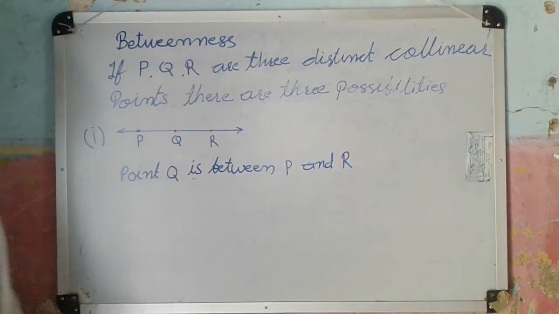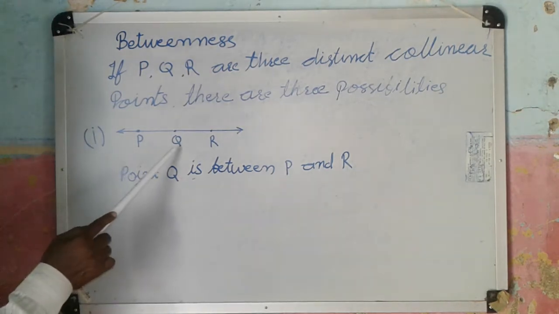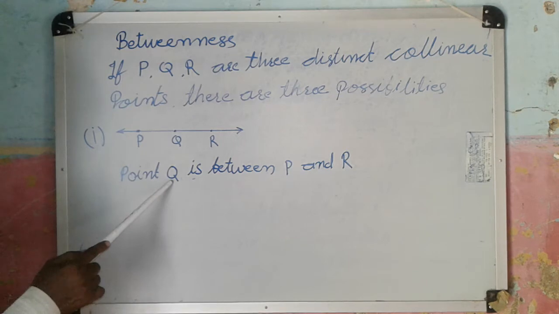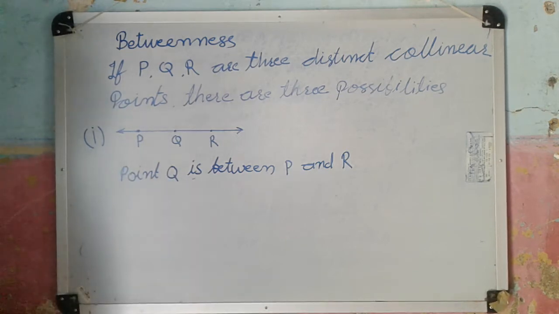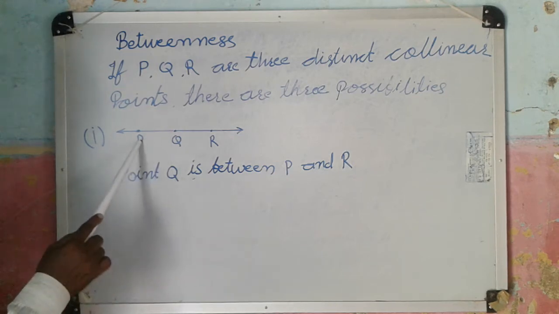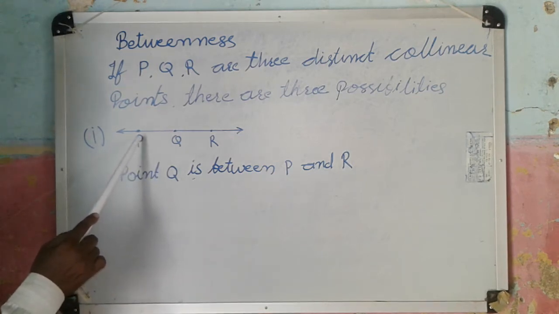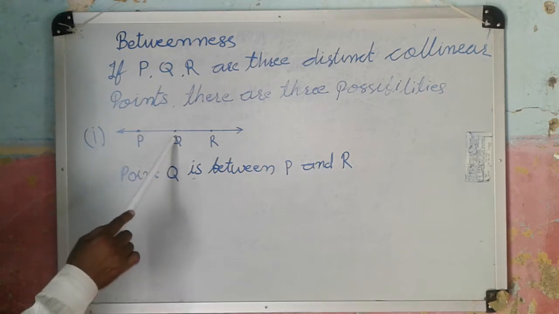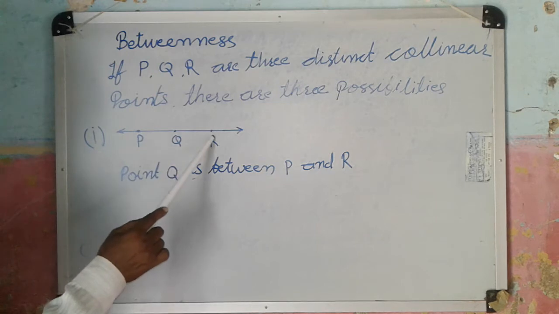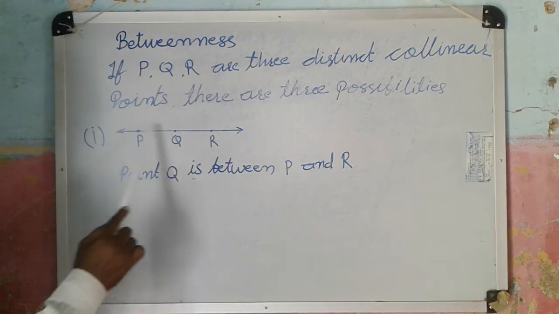Now possibility first. In this possibility, point Q is between P and R. Now we can say that distance PQ plus distance QR is equal to distance PR.